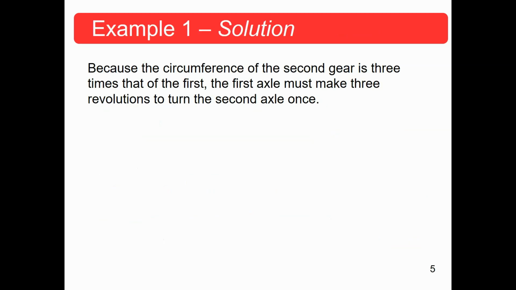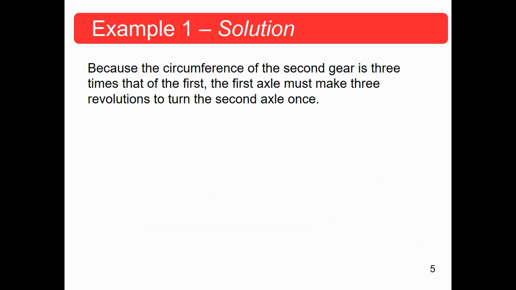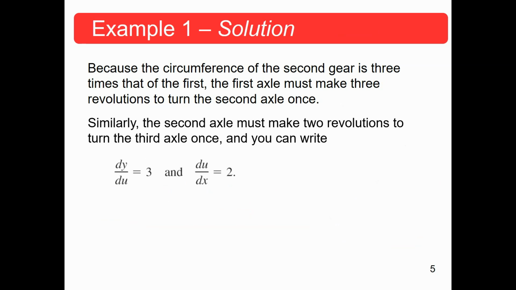Now, because that circumference of the second gear is 3 times that of the first, that means that the first axle, if it spins 3 times, that should do 1 time on axle 2. And the second axle makes 2 revolutions to turn the third axle once. So we can write this as dy du equals 3.